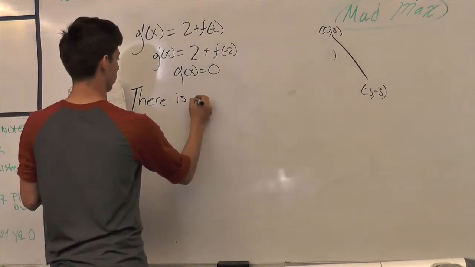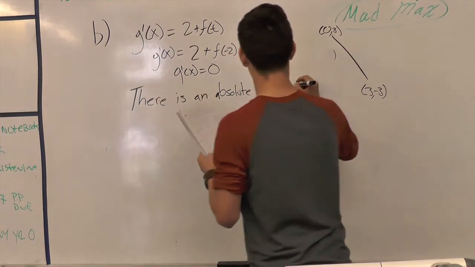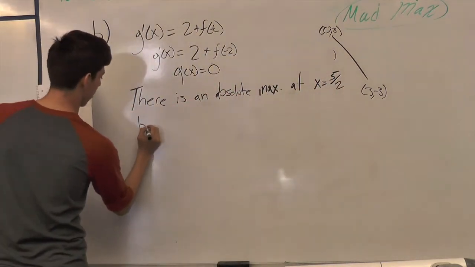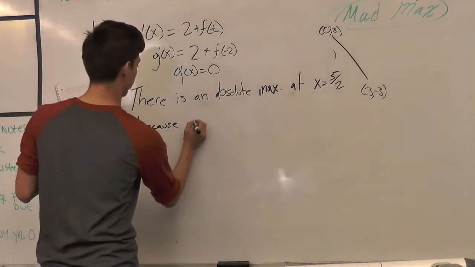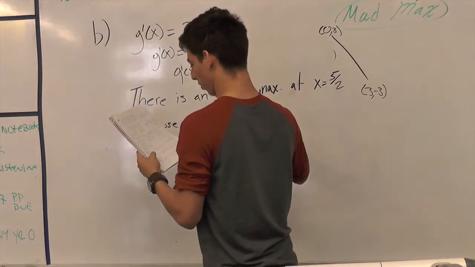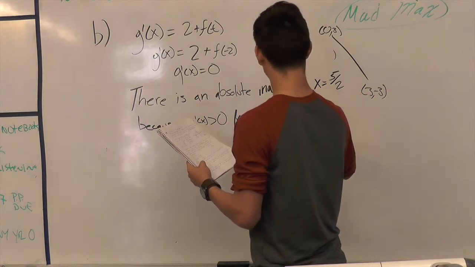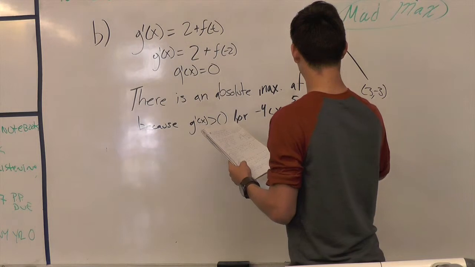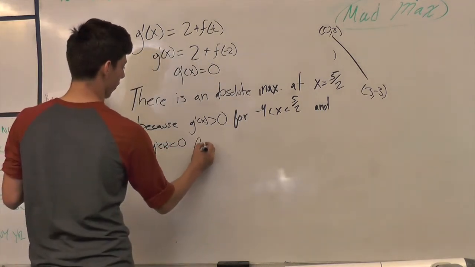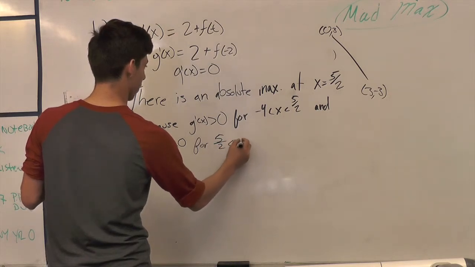There is an absolute maximum at x equals 5 over 2 because g prime of x is greater than 0 for the interval of negative 4 to 5 over 2, and g prime of x is less than 0 for the interval of 5 over 2 to 3.